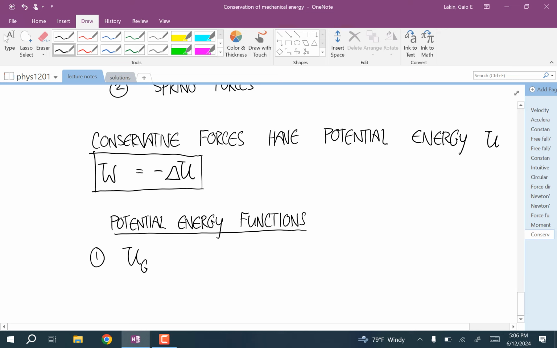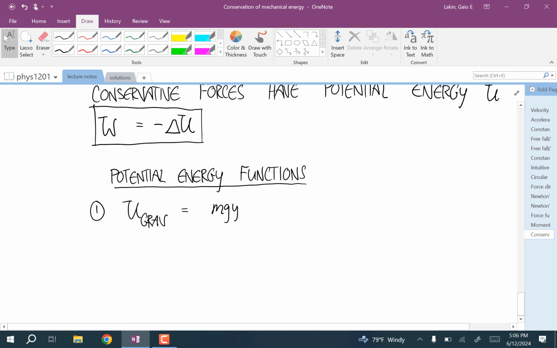The gravitational potential energy is equal to the mass of the object times 9.8 meters per second squared times y, where positive y has to be up. So let's think about the meaning of that for a second. The work is the negative change in potential energy.